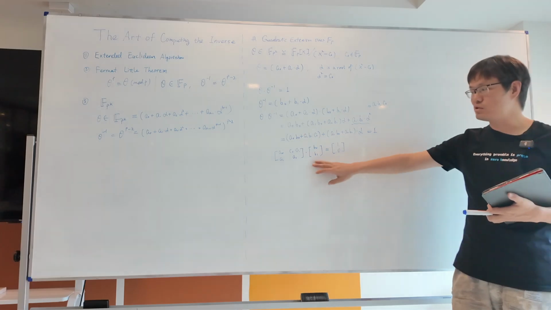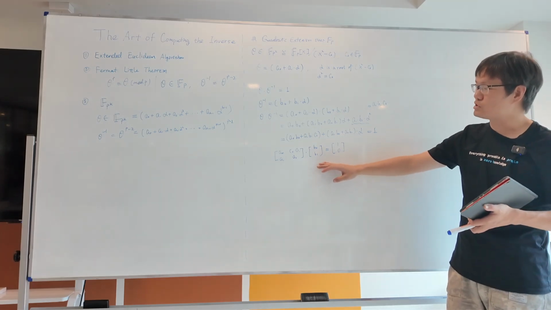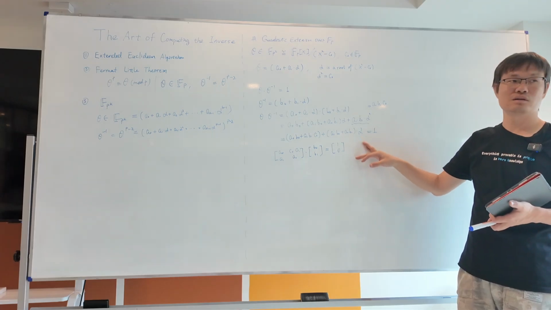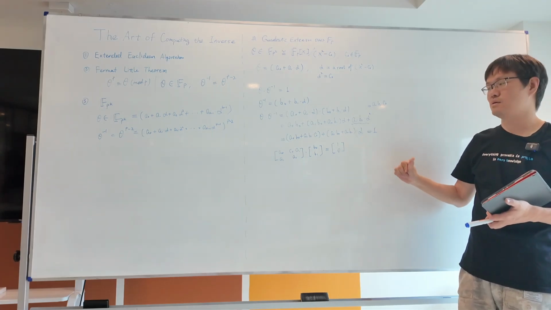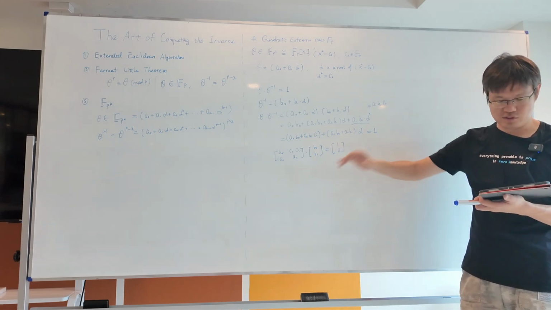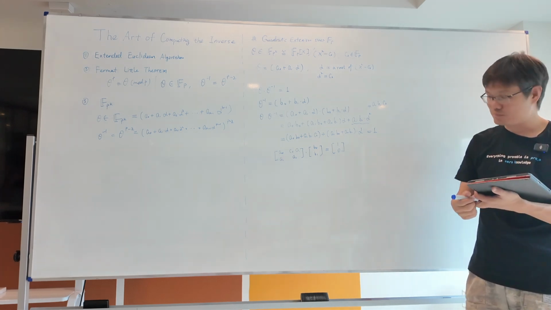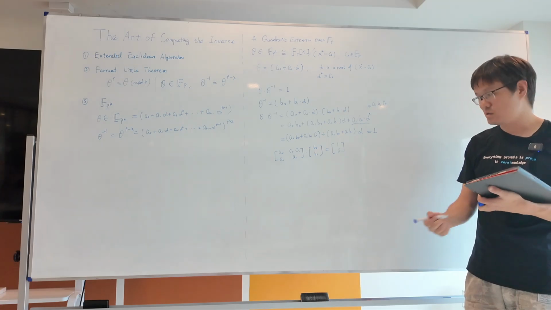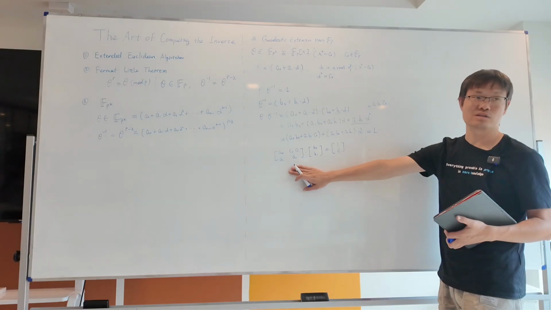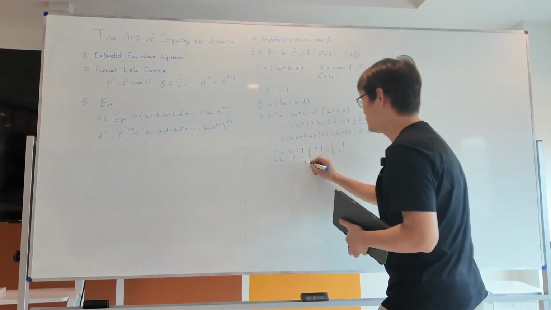So why do we use the matrix equation? Just because we want to remove the alpha. It's a matrix equation, and then we can invert this matrix.